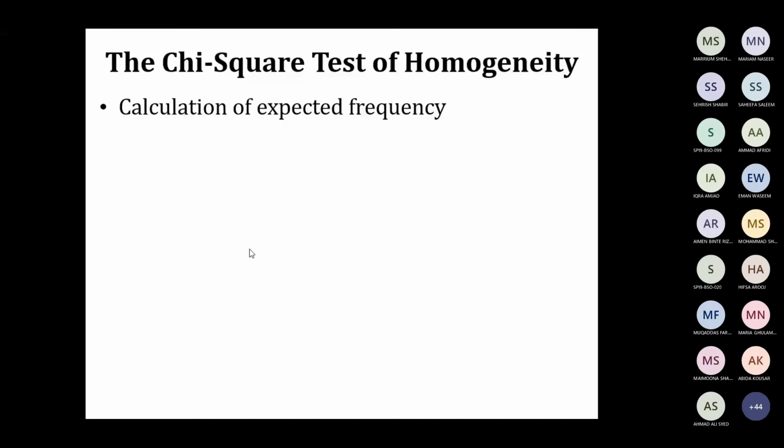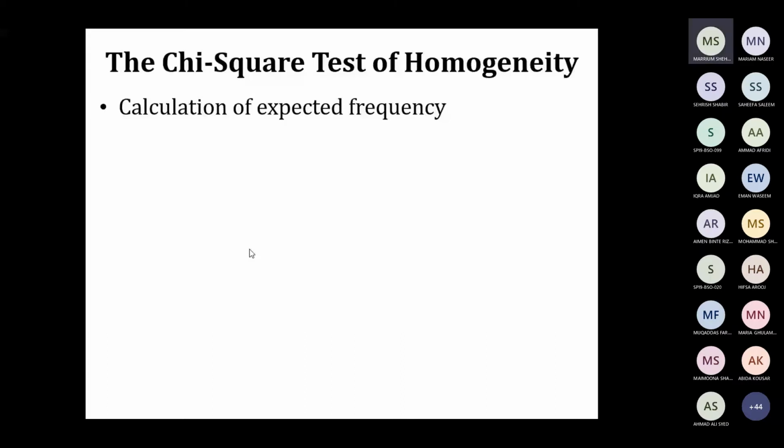First, we need to have the expected frequencies for all these 4 classes, on the basis of null hypothesis, right? So expected frequencies are to be calculated on the basis of null hypothesis. And what is our null hypothesis here?